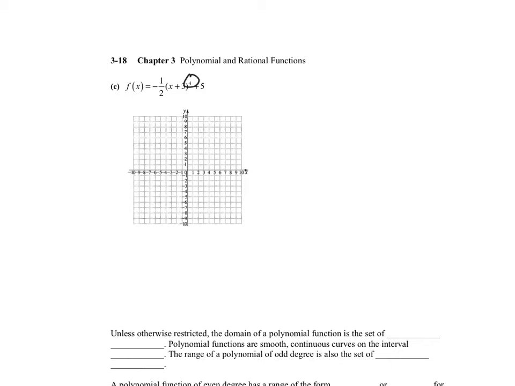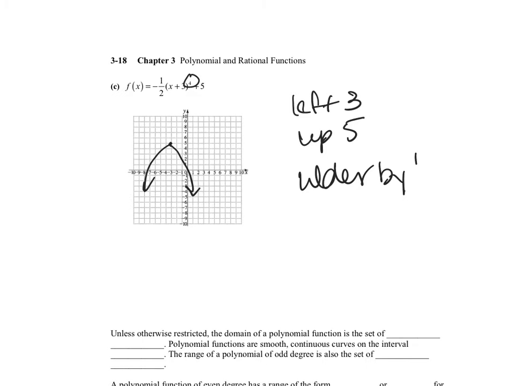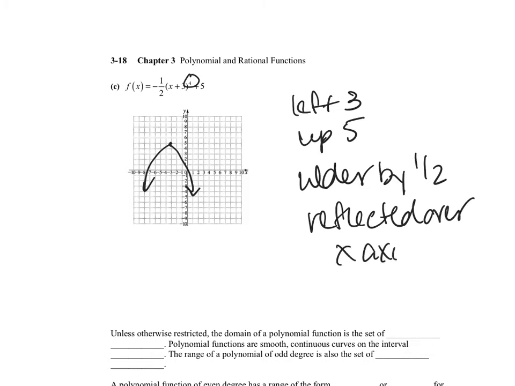So it's going to go left 3, up 5. It's reflected and it would be wider. So left 3, up 5, wider by a half, reflected over the x-axis.